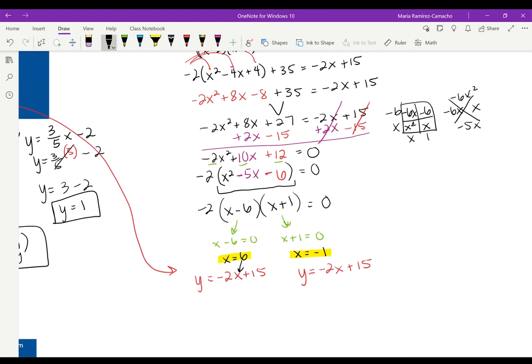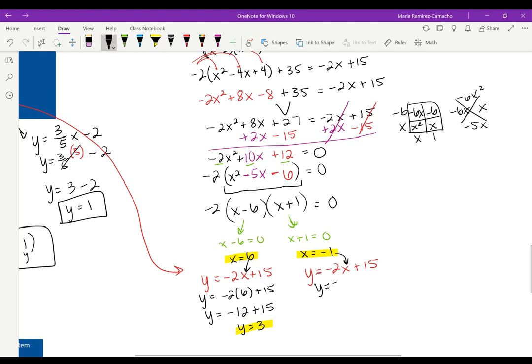Plugging in 6 for x gives us 3. And then plugging in negative 1 gives us 17.